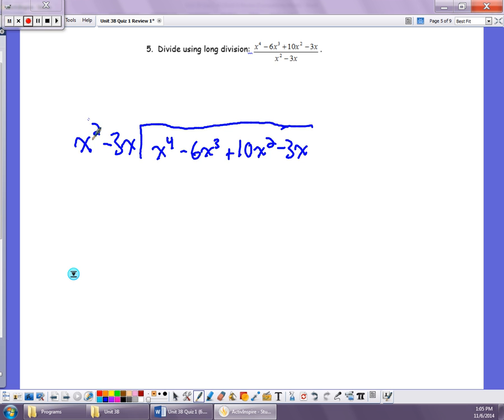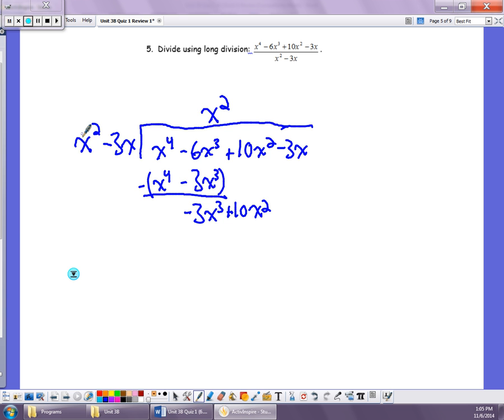So what can I multiply x squared by to get x to the 4th? And the answer is x squared. So I would end up with x to the 4th minus 3x to the 3rd, and then I'm going to subtract. So x to the 4ths go away. Negative 6x cubed minus negative 3x cubed is really a plus, so I get negative 3x cubed plus 10x squared.